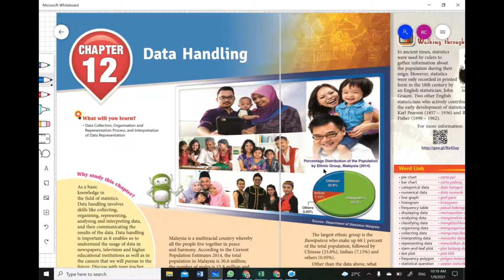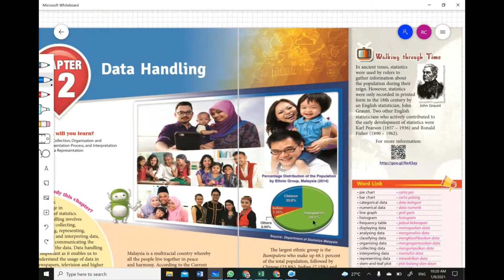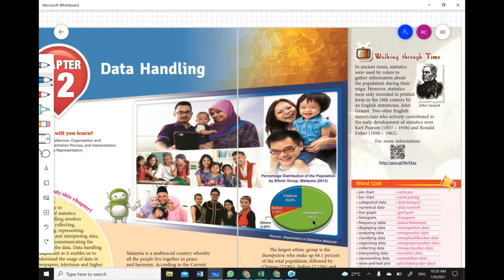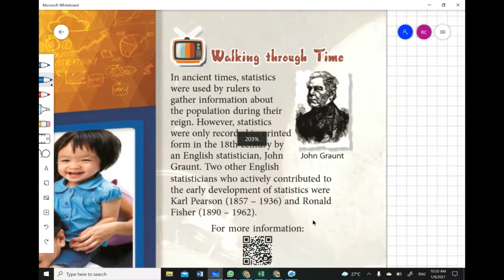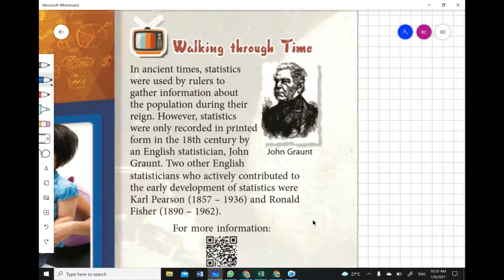So you can see this part over here. Okay, from the statistics of Malaysia, this is the pie chart. Have you learned pie chart before? Yes, you learned it in your primary school, so I'm sure you know how to read the data from there. Okay, let us look at the mathematician here. The name is John Grant. So in ancient times, statistics were used by rulers to gather information about the population during their reign.